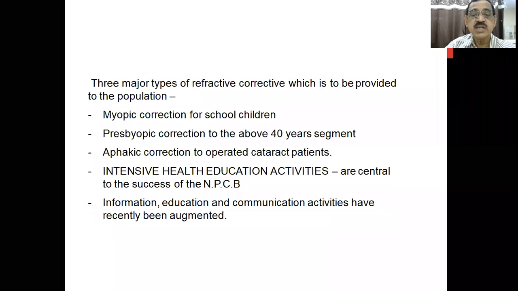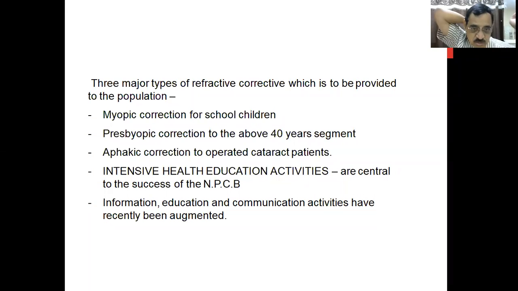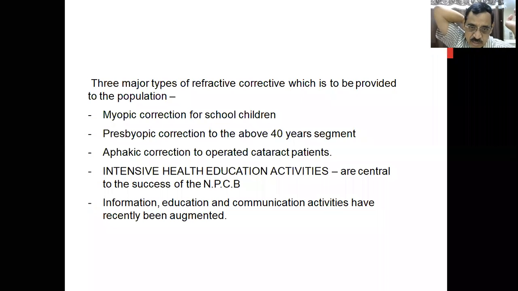The major types of refractive errors for which correction is to be provided in the population: in school-going children, any refractive error, be it hypermetropia, myopia, myopic astigmatism or hypermetropic astigmatism, will have to be corrected after doing a cycloplegic refraction.